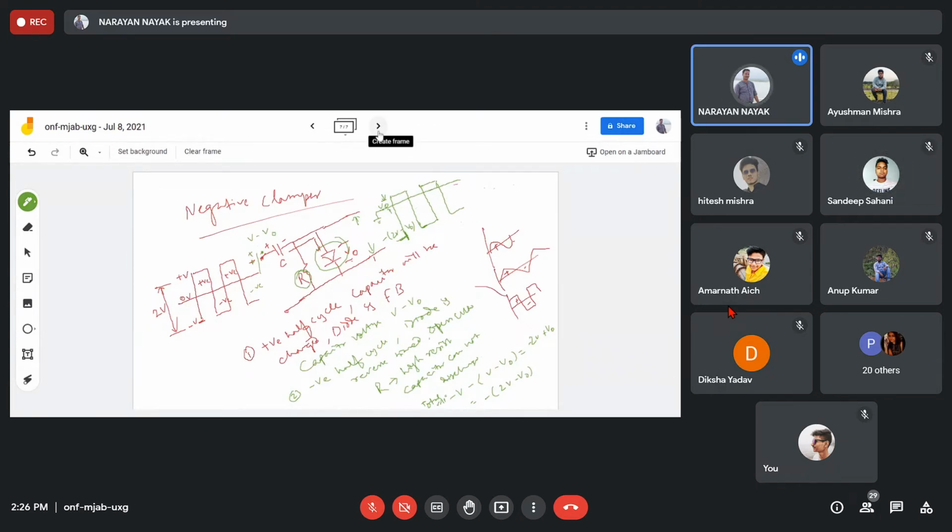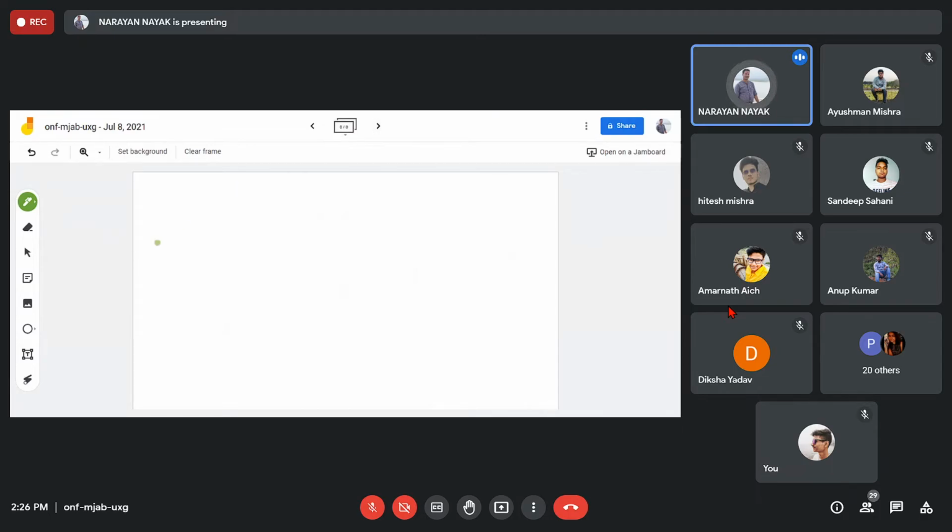Similarly, what about the positive clamper? The circuit will be like this.